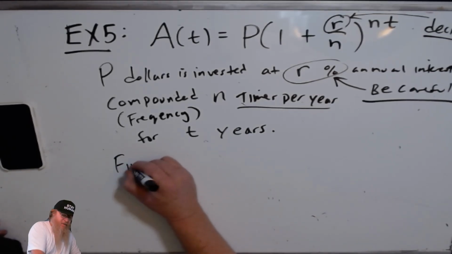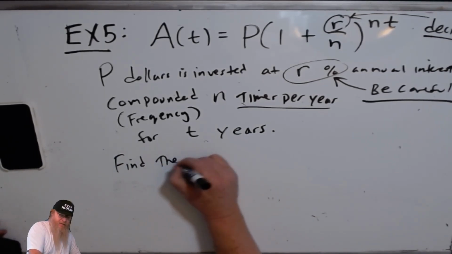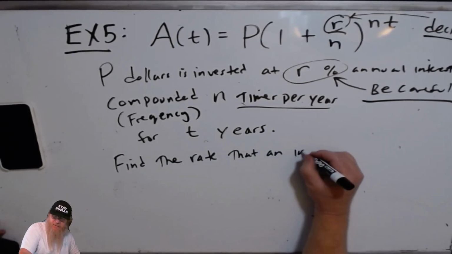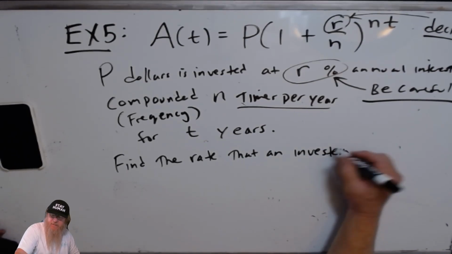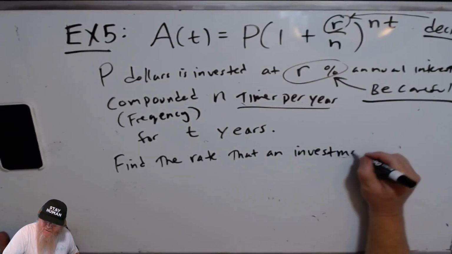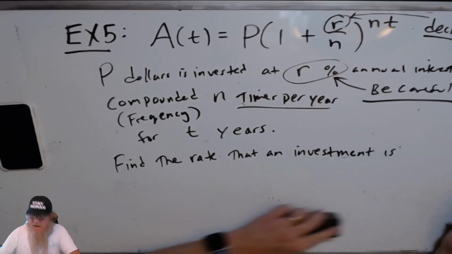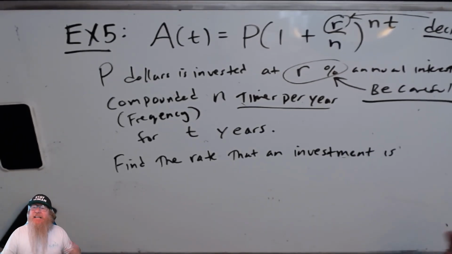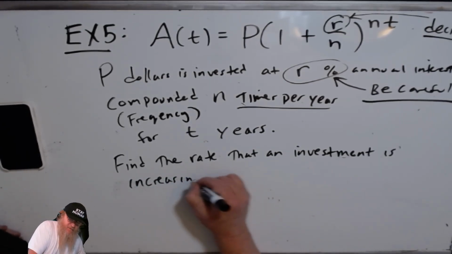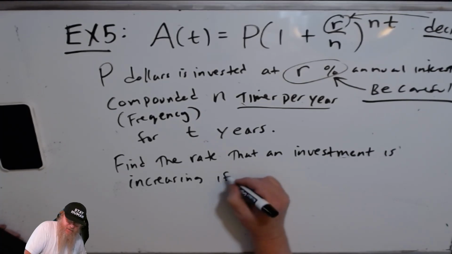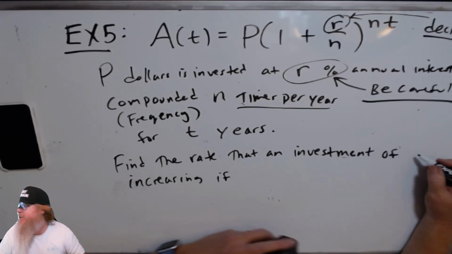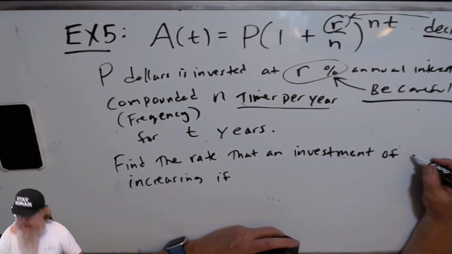So, find the rate that an investment, so this is for those who have the money to invest, so in a secure high yield account, if, an investment of, how much am I going to invest today? $6,000.